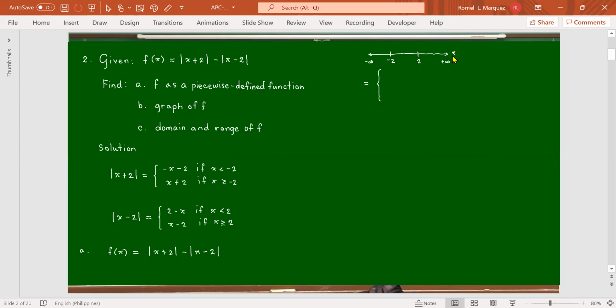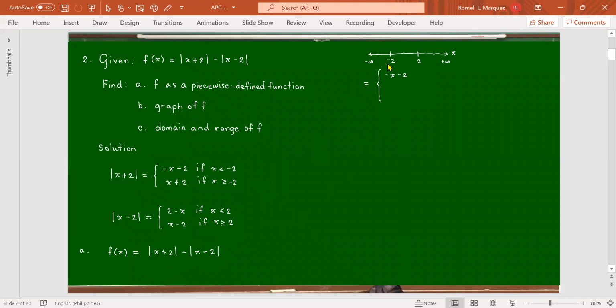So this is, let's say, the number line x. When x is to the left of negative 2, how do we define the absolute value of x plus 2? So that is negative x minus 2. Am I right, guys? If x is to the left of negative 2, I am going to use this expression to replace the absolute value of x plus 2. Then what about absolute value of x minus 2?